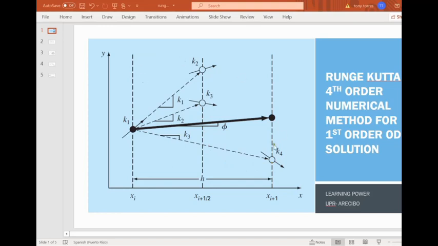With those four slopes, you will predict a better value of what the dependent variable will reach. That's done within the step that you are studying, in this case called H, that H step. So again, Runge Kutta will calculate four slopes, and based on that, it will try to estimate a better value for the dependent variable, whatever it is in this case. Now, let's continue with that.